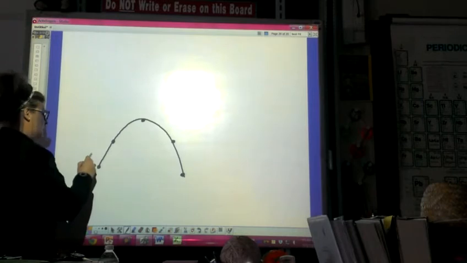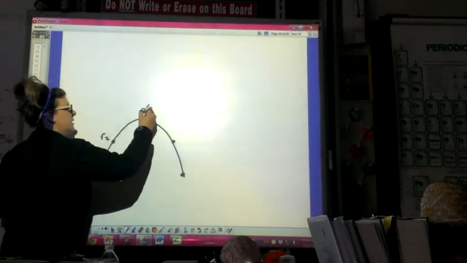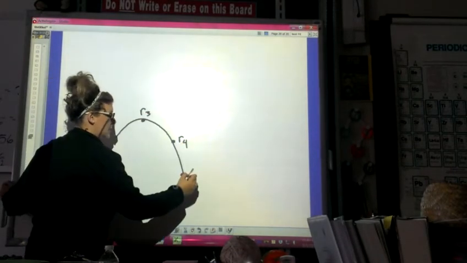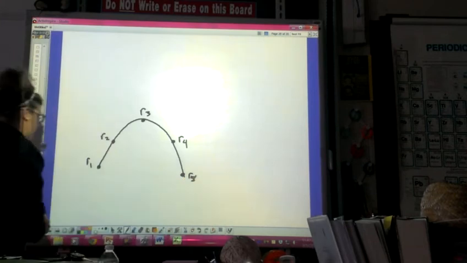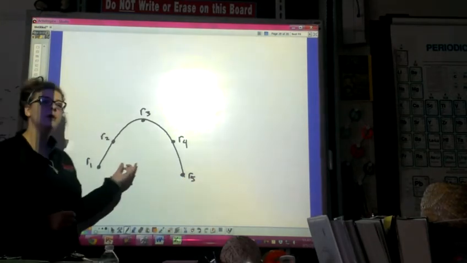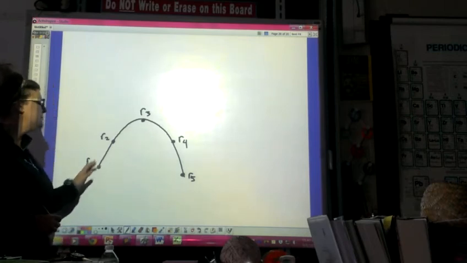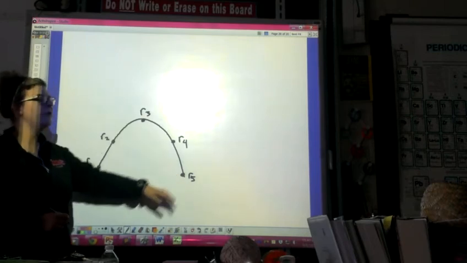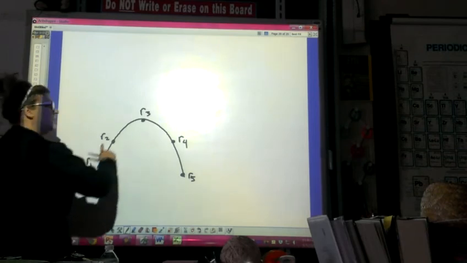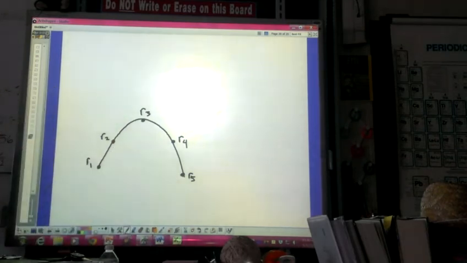But I can say, here's R1, here's R2, here's R3, here's R4, here's R5. So sometimes the motion diagram itself will lead to the actual trajectory or path that the object took, which is why there's one that says accelerating, a car accelerating up a hill.